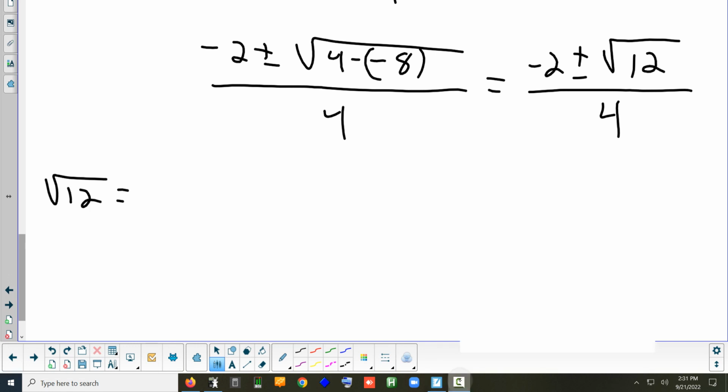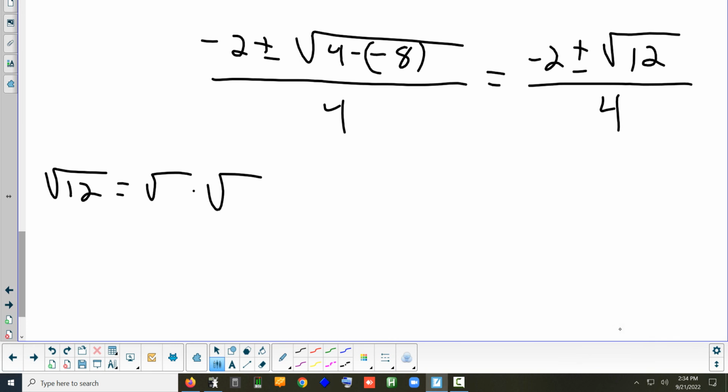Could I have your attention, please? All right, so we're at the very last step. Everything is good there except the square root of 12. It's not that we did anything wrong, it's just 12 can be simplified. Can anybody think of 2 numbers that multiply to give you 12, and one of them you can take the square root of? 3 and 4.